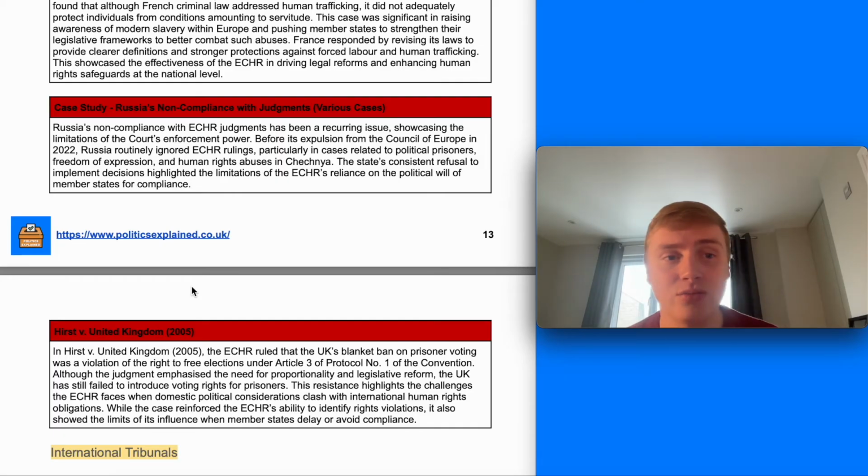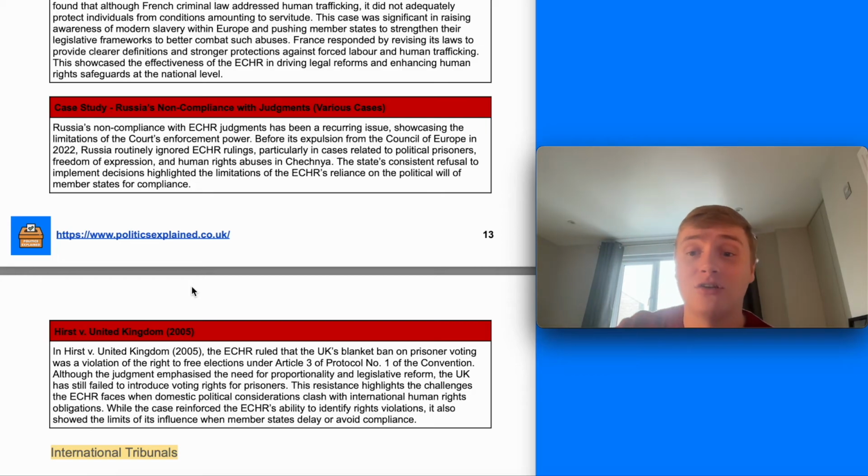Its consistent refusal to implement decisions highlights the limitations of the ECHR's reliance on the political will of member states for compliance. So even if rulings are theoretically legally binding, they still rely on member states to implement them. And that shows how sovereignty and the reliance on the voluntary cooperation of member states is a hindrance to the upholding of international human rights globally.